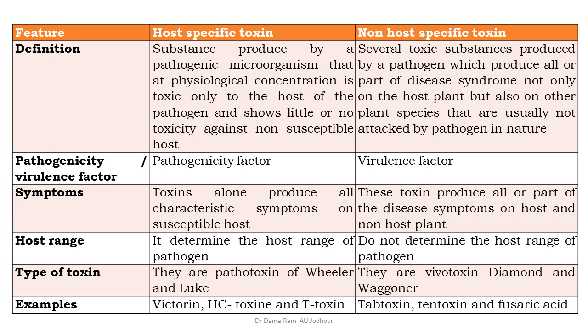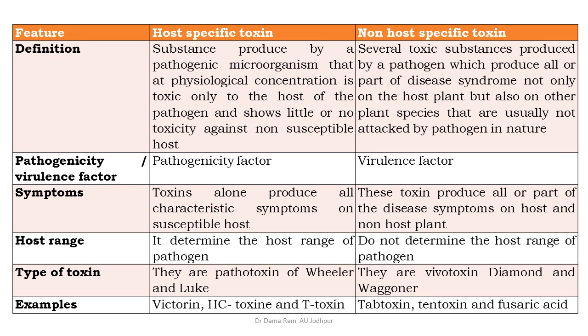In symptoms, host-specific toxin alone produces all the characteristic symptoms, but non-host-specific toxins produce all or part of the disease symptoms. On host range, host-specific toxins determine the host range of the pathogen, meaning they are specific to the host, but non-specific toxins do not determine the host range of the pathogen.